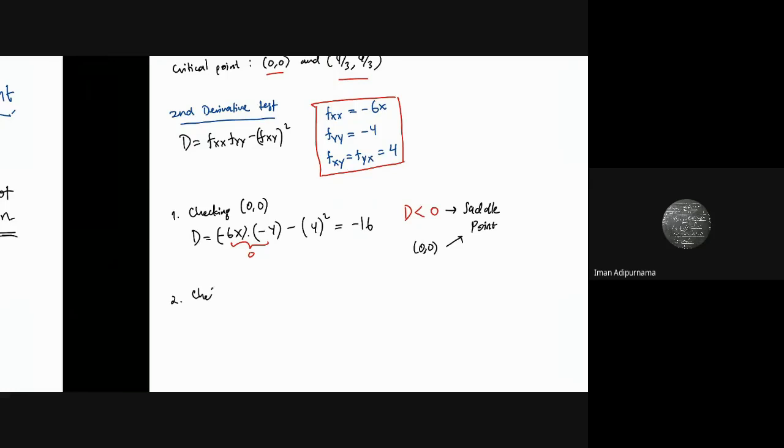Second, checking 4/3 and 4/3. Because the calculations, mostly it's just having a constant, I think it will not be too difficult, right? And plug in 4/3 here. It will be negative 24 over 3 is negative 8. So it will be 32 minus 16.